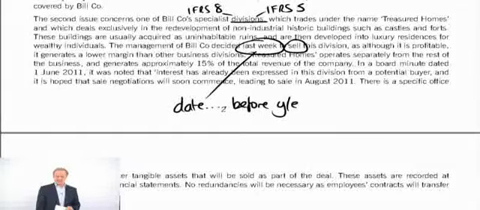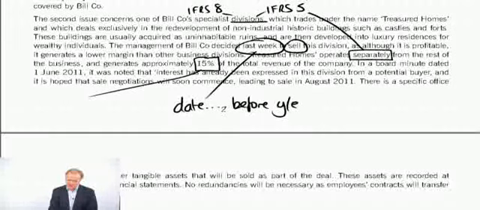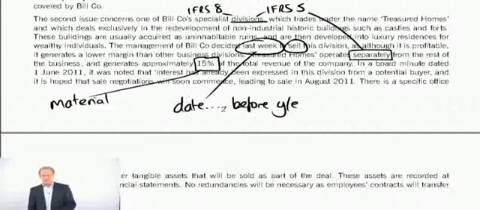As although it is profitable, it generates a lower margin than the rest. Treasured Homes operates separately. Well, that's a point for IFRS 5 from the rest of the business, and generates approximately 15% of the total revenue, and that means it's material.